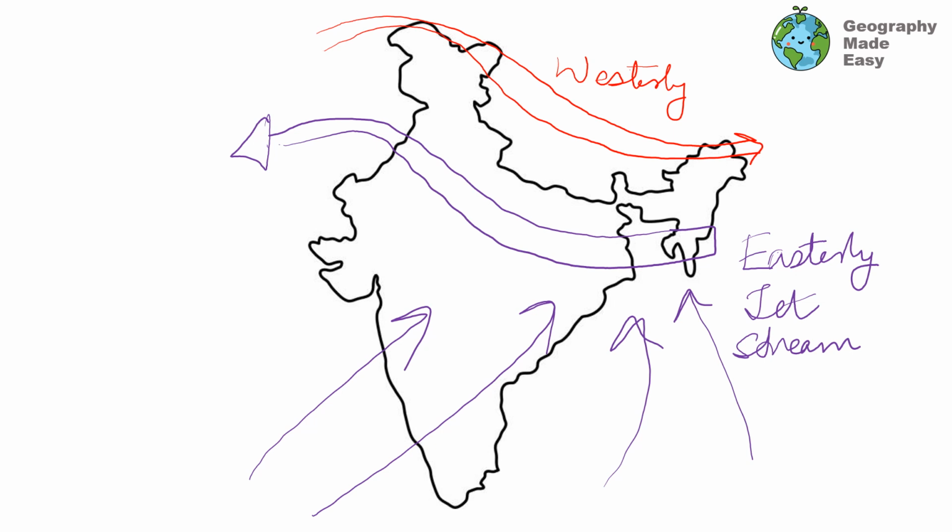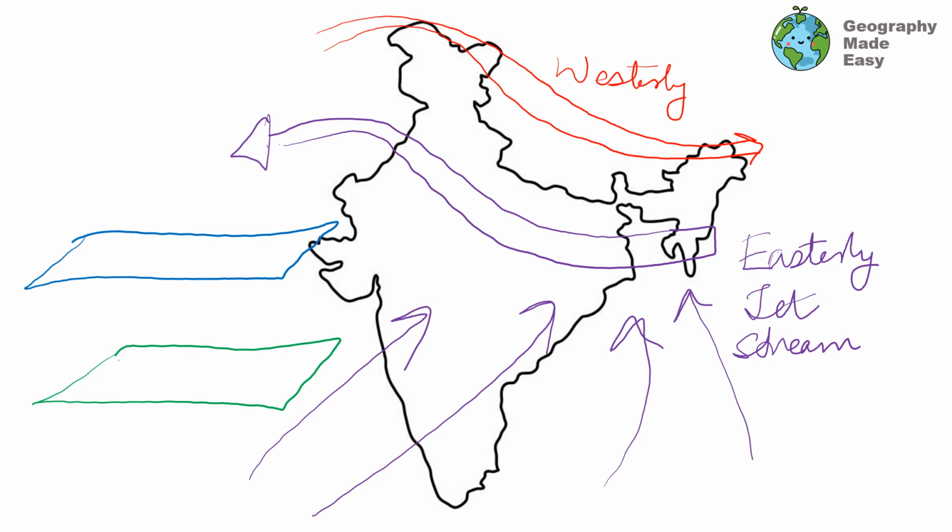If I look at it in a three-dimensional manner, this is my ground and this is my upper air atmosphere. The jet streams blow in the form of loops. Because they flow in the form of loops, these portions of the jet streams are known as limbs.